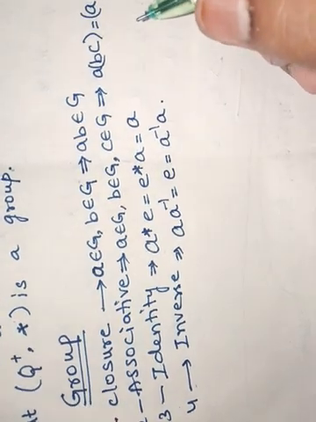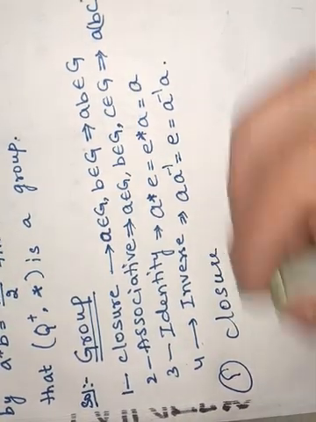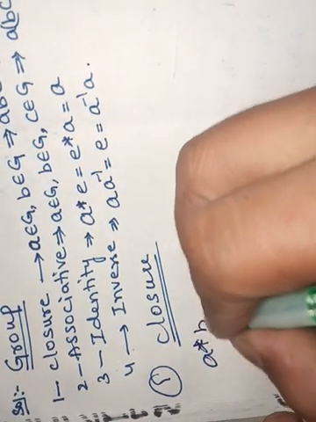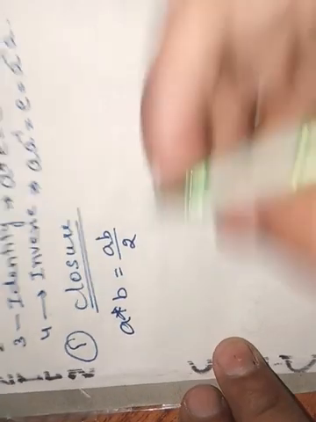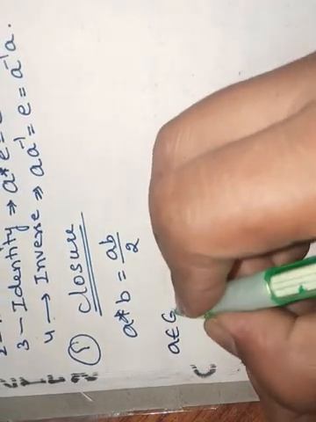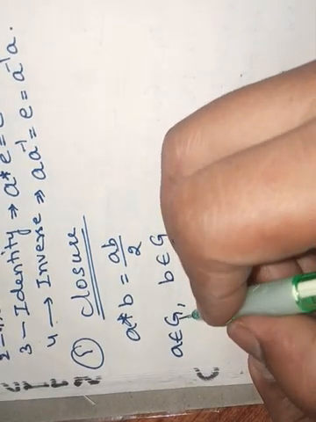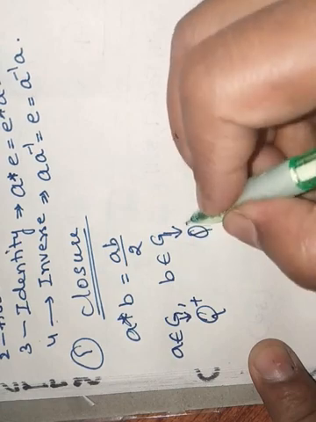Now we have to prove this. First property, closure. They have given in the question that A star B is equal to AB by 2. Now for the closure property, A belongs to the group, B belongs to the group. But in the question, instead of group, they have given Q plus. So we will write Q plus here.